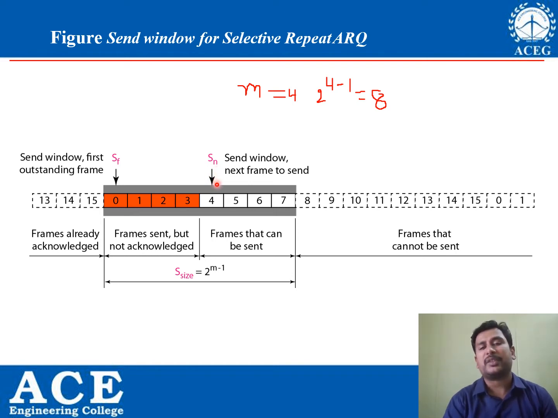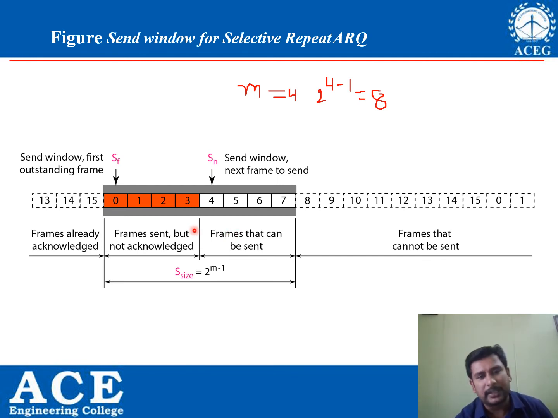SN indicates the sequence number of the frame that can be sent next. So the size of the window, as we mentioned, is 2 power m minus 1, so here the size is 8. The sender window starts from 0 and goes up to 8. So the total size of the window is 8, out of which 4 frames are already sent and waiting for the acknowledgement, and the remaining 4 can be sent.